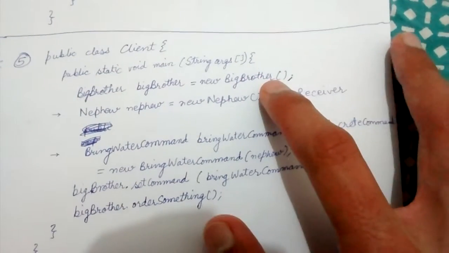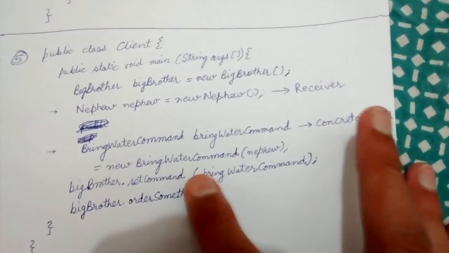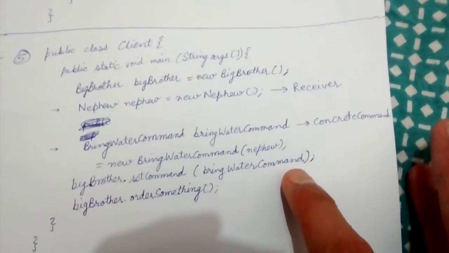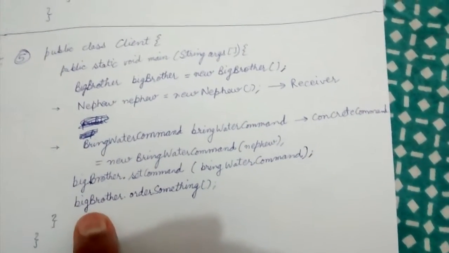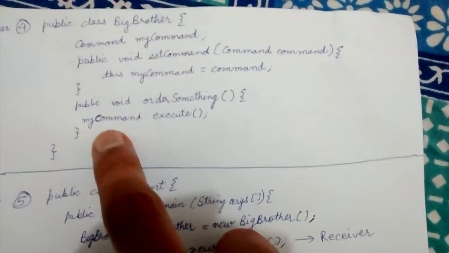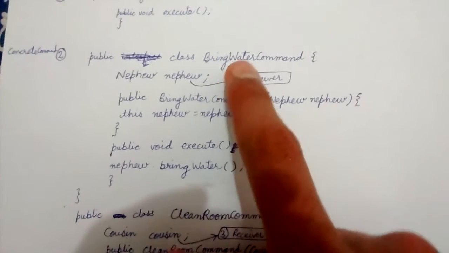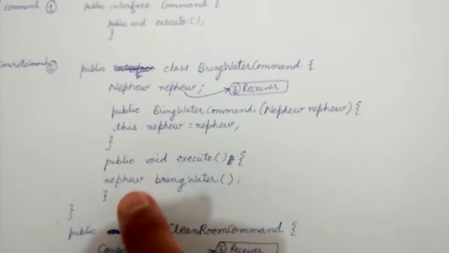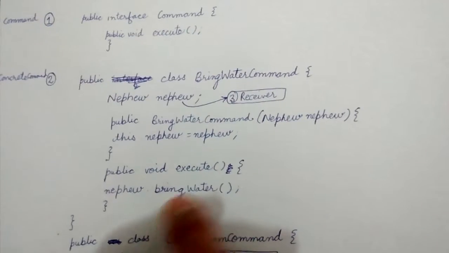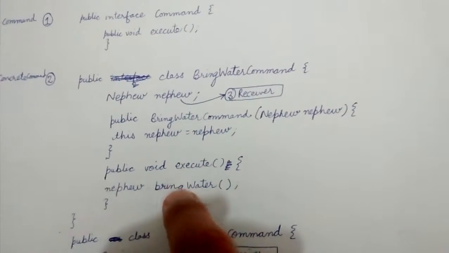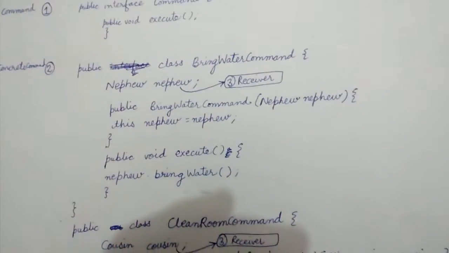So we create a big brother, we set its command as bring water command, and when we call order something, it will call bring water.execute, which will in turn call nephew.bringwater, which will get the actual work done.